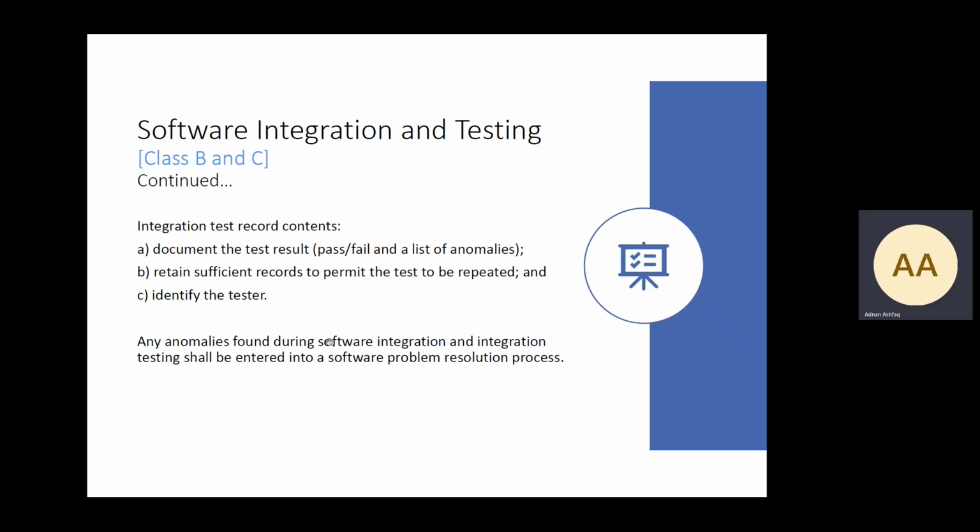Any anomalies found during software integration and integration testing shall be entered into a software problem resolution process. So this is like post-market surveillance, also complaints, feedback, this type of thing, and how you will be dealing with this process.